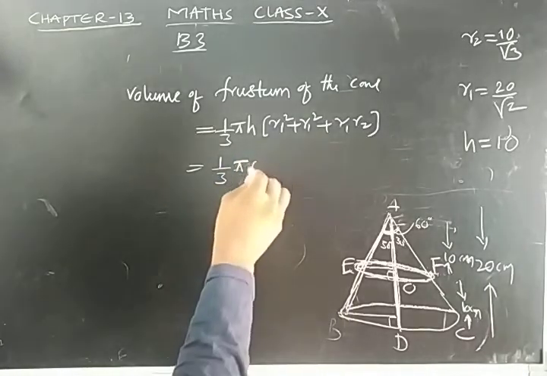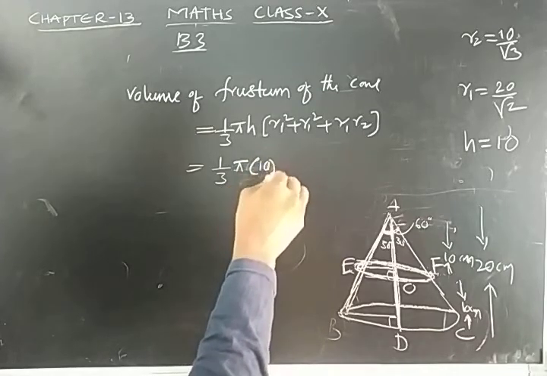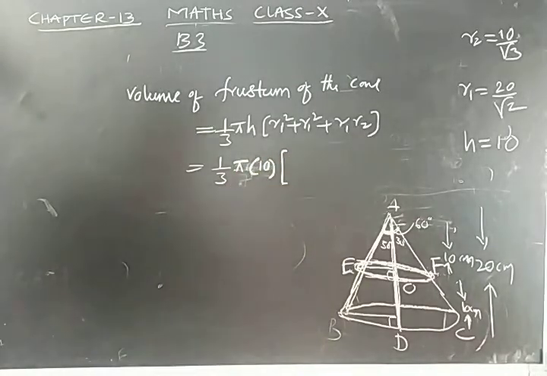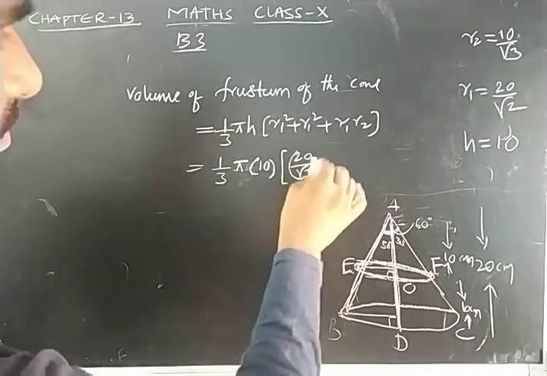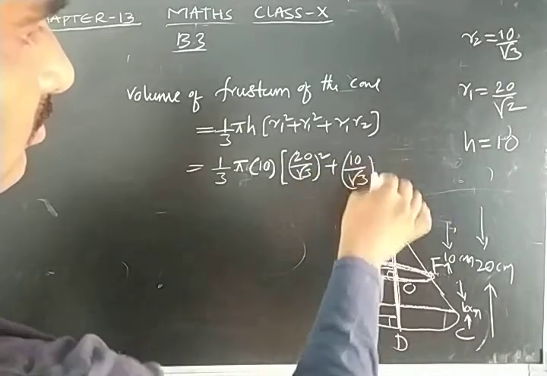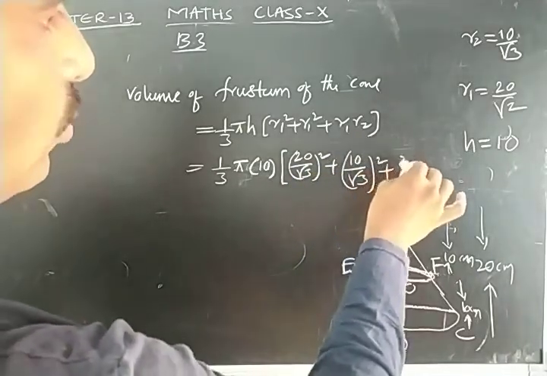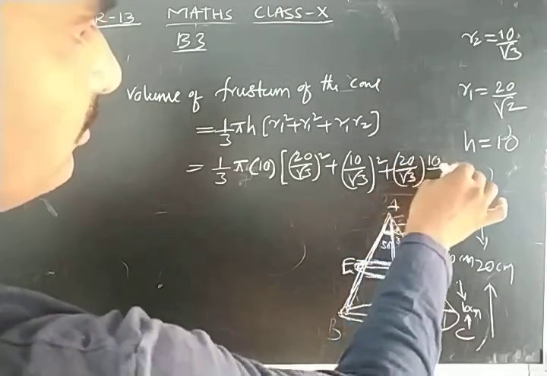H value is 10 centimeters, the height of the frustum of the cone. R1 square, what is R1? 20 by root 3 whole square. R2 square, 10 by root 3 whole square. R1 into R2, 20 by root 3 into 10 by root 3.